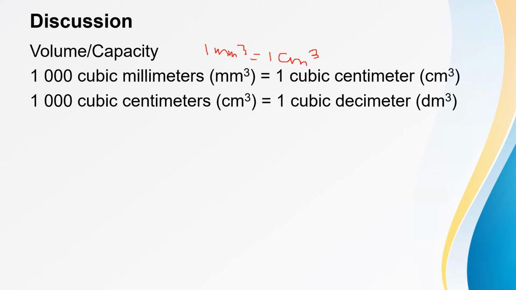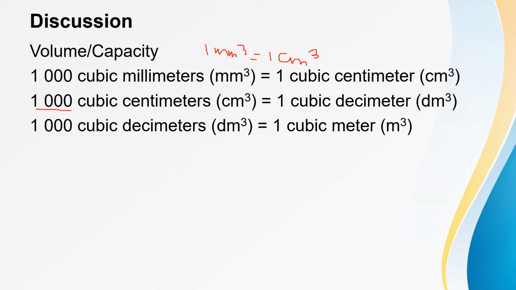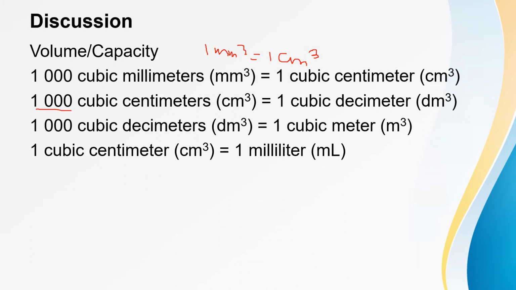Then we have 1 cubic centimeter or 1 cubic decimeter, or 1,000 to 1. Next, we have 1,000 cubic decimeters is equal to 1 cubic meter. Then, 1 cubic centimeter is also equivalent to 1 milliliter. In other words, 1 cm cube is equal to 1 ml.